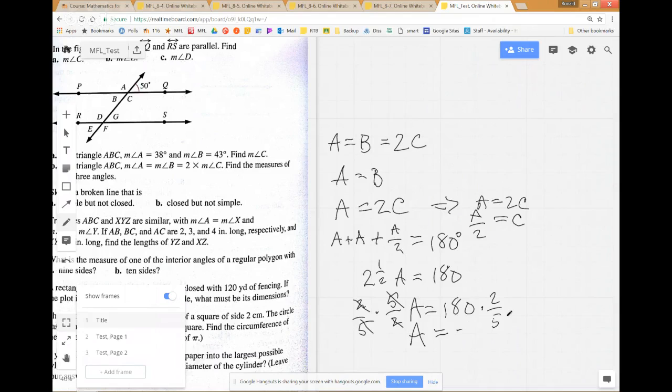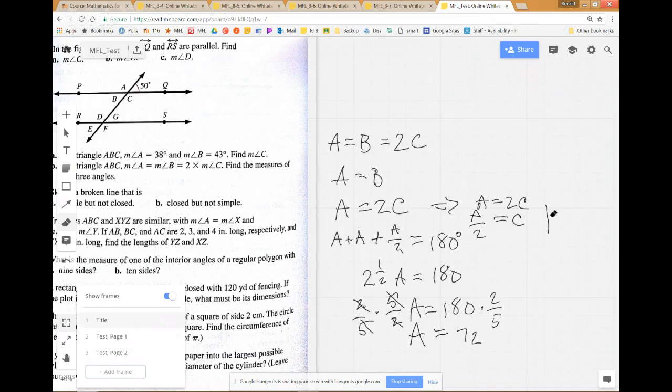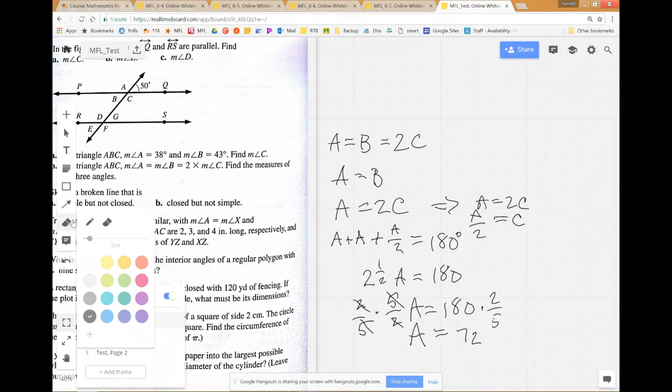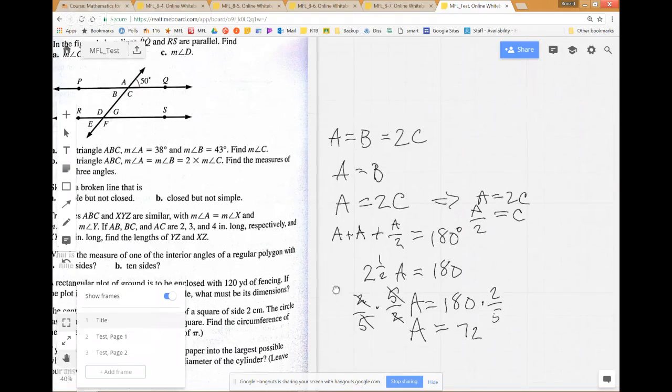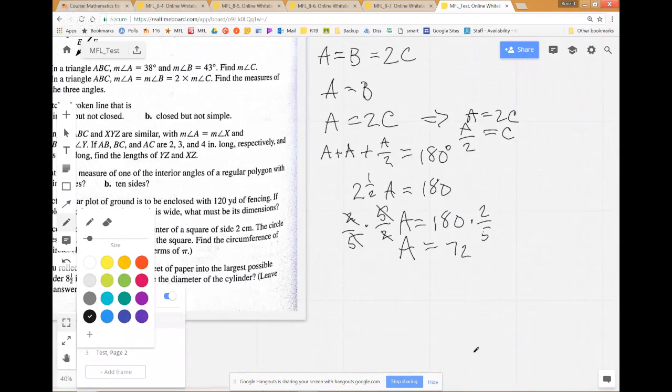So we're not quite done yet. Let me make a little space. Sorry, I've got to get on there and do my eraser thing. All right, now let's go back to the pen, and let's go back to the hand. We'll shove this all up. And so now we've got A, and we know that A and B are the same.